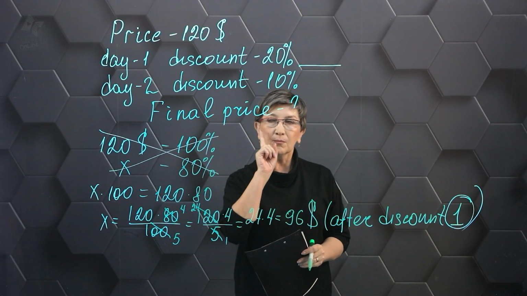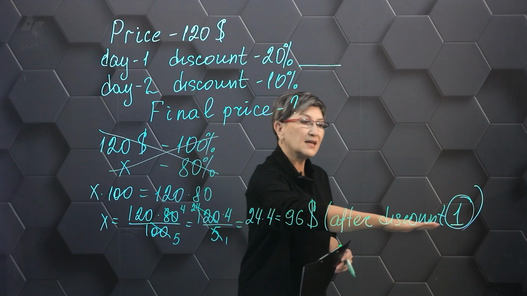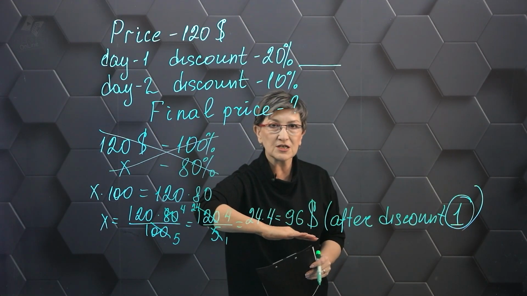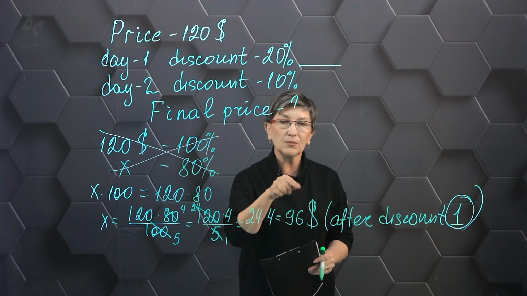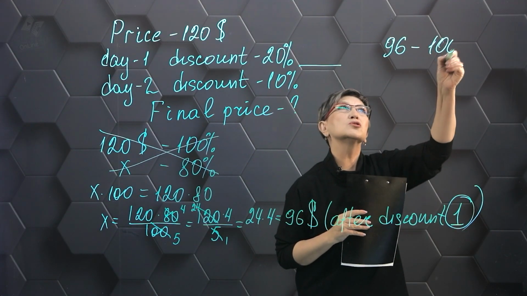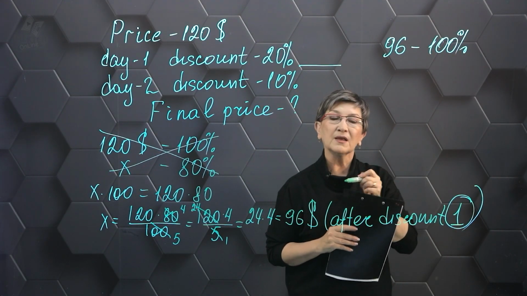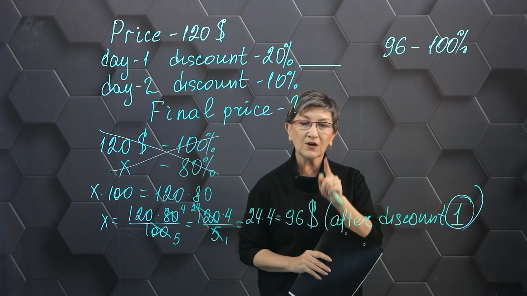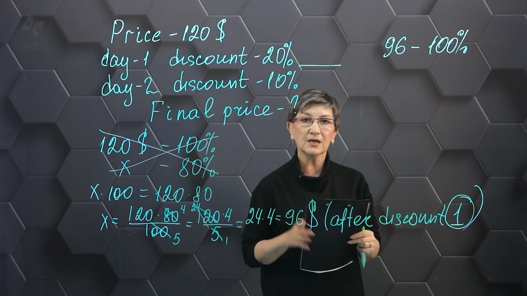After the first discount, the price of the item became $96, and that would be 100%. That's a very important point in solving these problems.